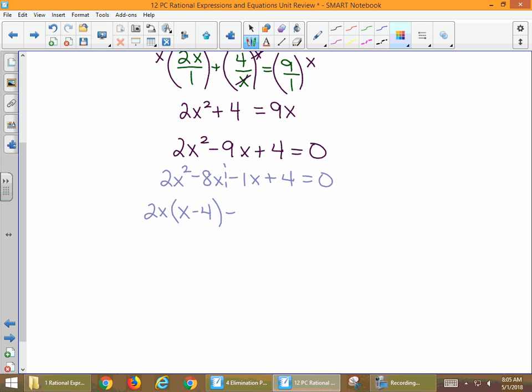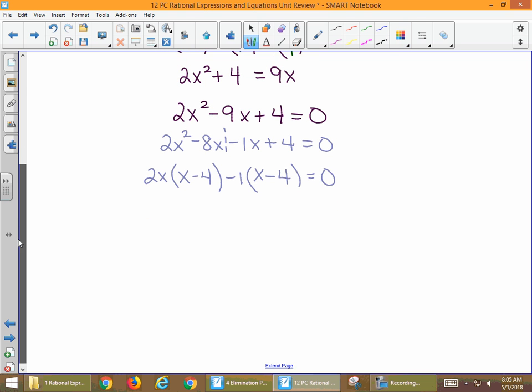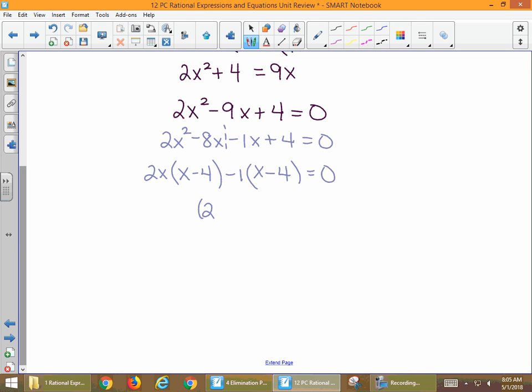My next two terms have a 1 in common, and I always bring down that negative in the middle. That's going to switch that sign. So that 9. When I set each of these equal to 0 and solve, I get x equals 1/2 and x equals 4.